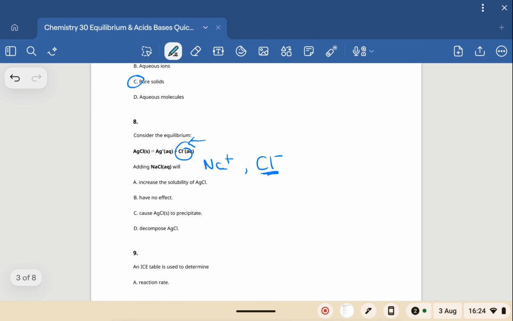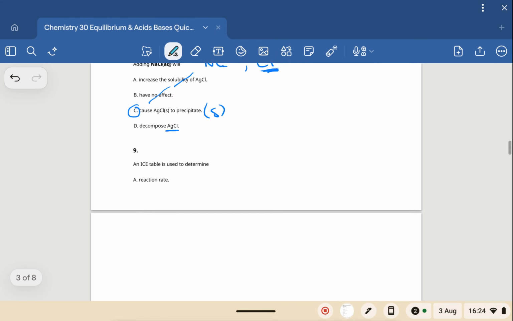It's saying, will you increase the solubility of AgCl? Well, that's not true. There will be a shift, but because we're shifting to the left, that means we're making more AgCl. So it's causing AgCl to precipitate, meaning you are making that solid. It's not decomposing AgCl because we're not shifting to the right to its ions.